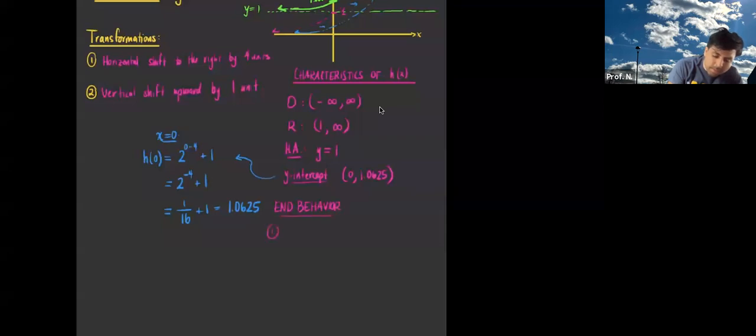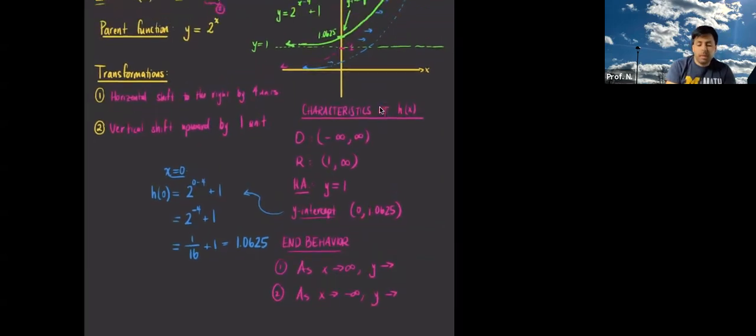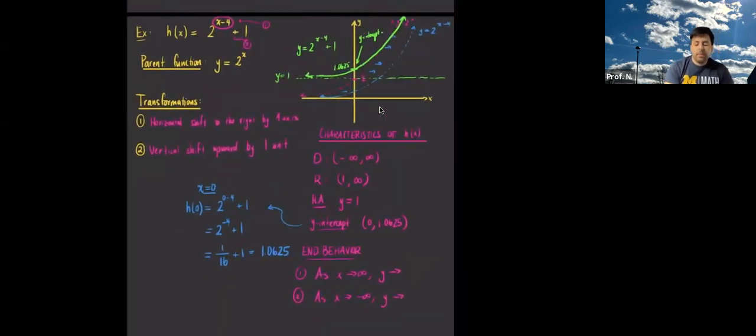So you have to help me fill in the blanks. As x goes to infinity, y does what? As x goes to negative infinity, y does what? So as my x values go towards infinity, what does my y value approach?